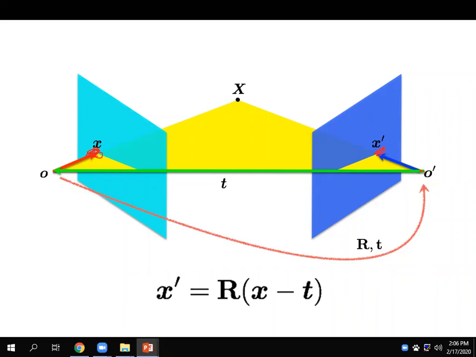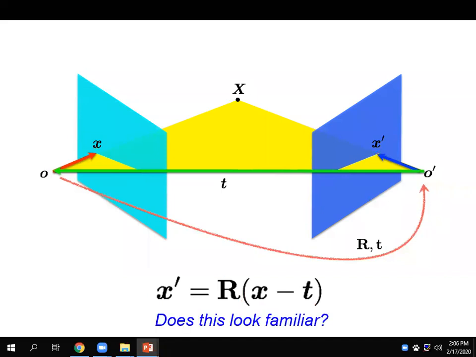We just do the translation and then the rotation. Yes, if you do this translation from the left to the right, and then you do the rotation, this is exactly the same things as we did earlier. So X dash will be the X after translation, and then multiplied by the rotation, then you will get to the X dash. Okay, so sounds good.